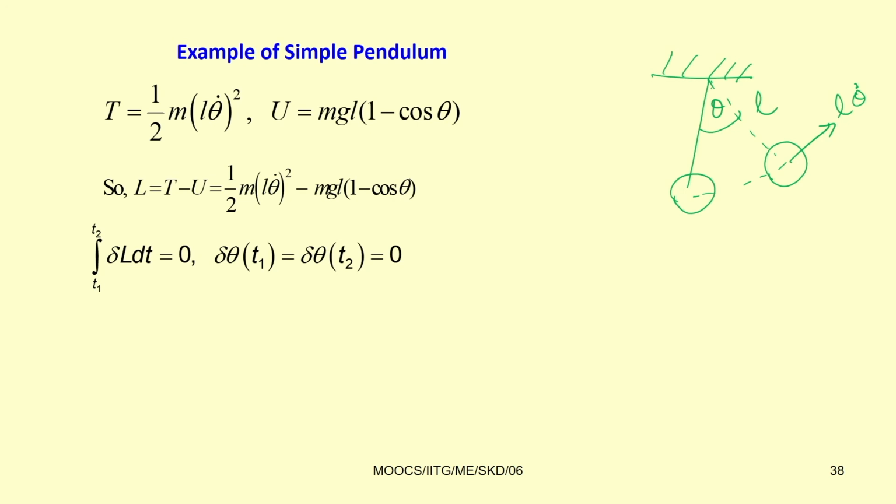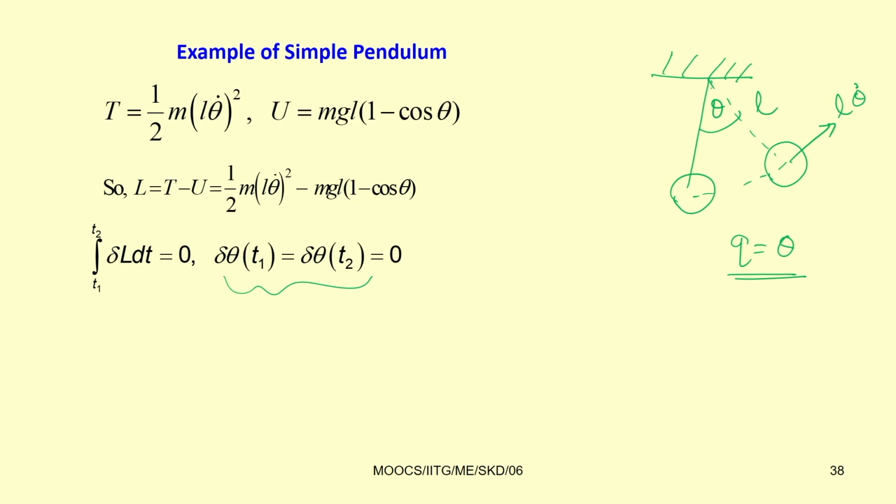So, integral of delta L dt equal to 0. According to this principle, here q_k with k equal to 1, and q equal to theta, that is the generalized coordinate q equal to theta. So, theta at T1 equal to theta at T2 equal to 0. Let us integrate this.